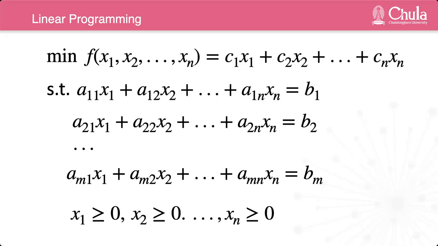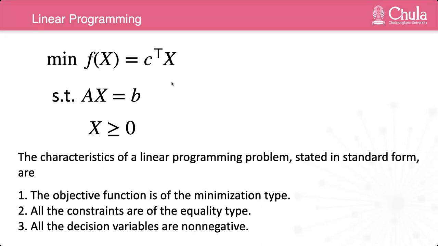We can simplify all these representations by using matrices and vectors like this. X is a vector, C is a vector, A is a matrix, and B is also a vector. But of course, those must be compatible, right?